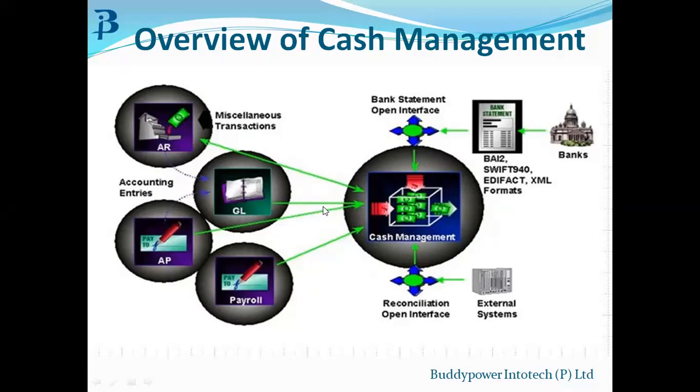The bank statements are reconciled with payments in Oracle Payables, receipts in Oracle Receivables, and journal entries in Oracle General Ledger. You can also reconcile with payments and receipts from other systems, including settlements from your Oracle Treasury, using the reconciliation open interface. So this is basically the overview of how the whole cash management works.